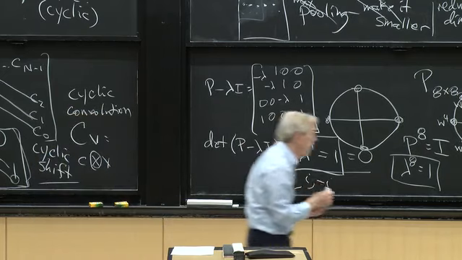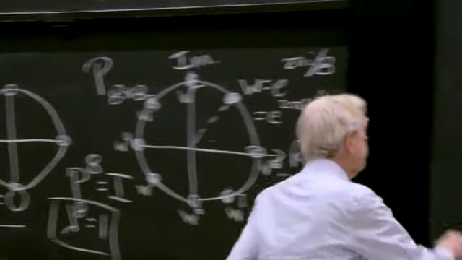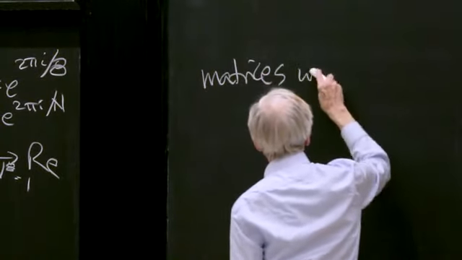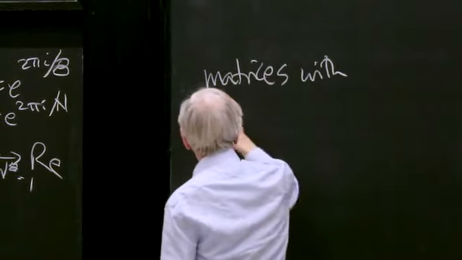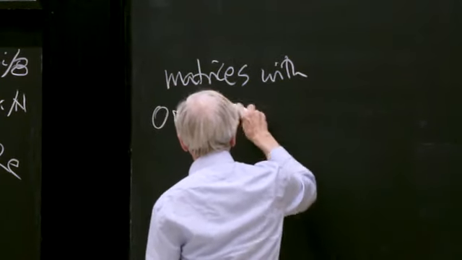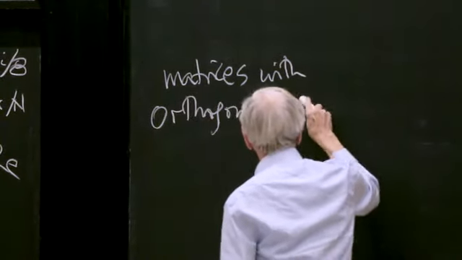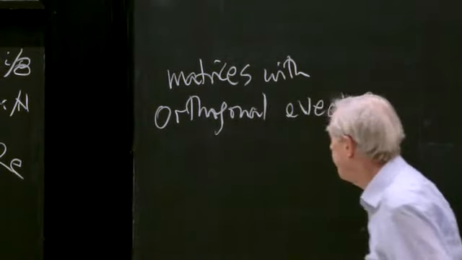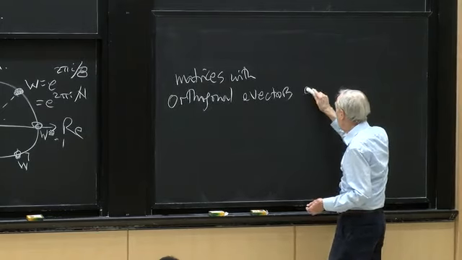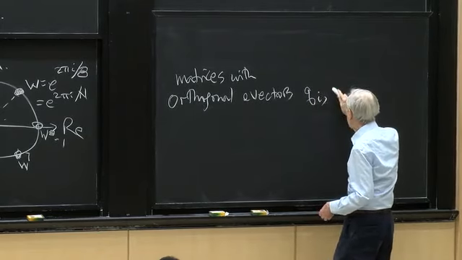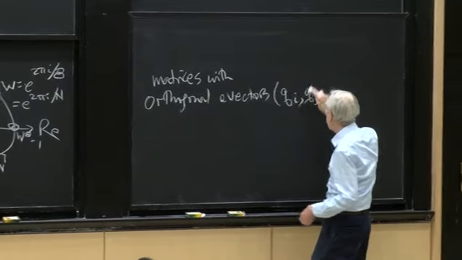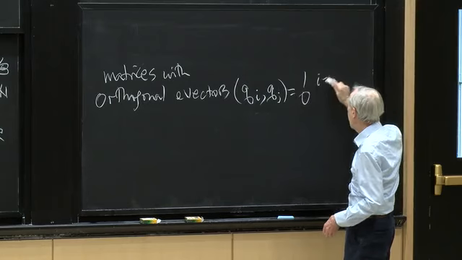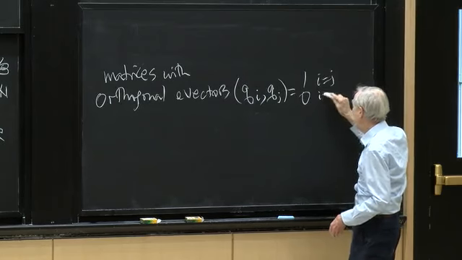So do you know that little list of matrices with orthogonal eigenvectors? I'm going to call them Q. So Qi dotted with Qj, the inner product, is 1 if i equals j, 0 if i is not j.